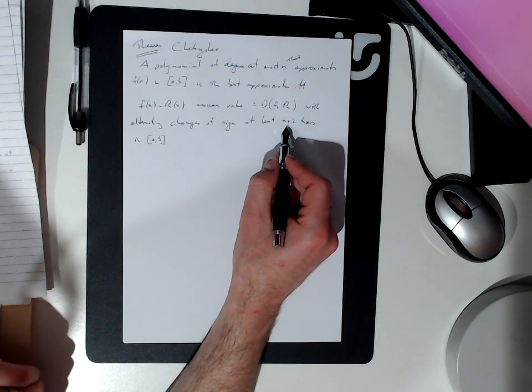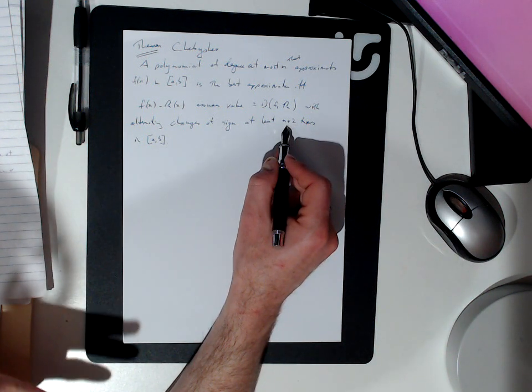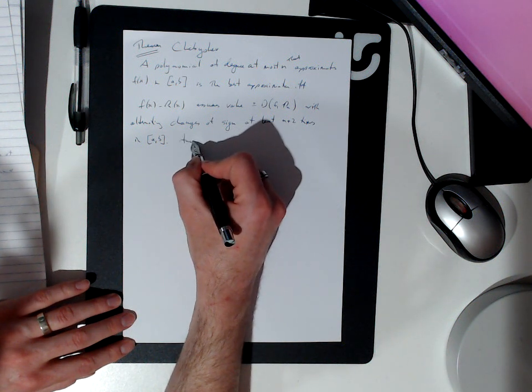And it has to swap sign backwards and forwards n plus 2 times. Right, any such polynomial is unique.